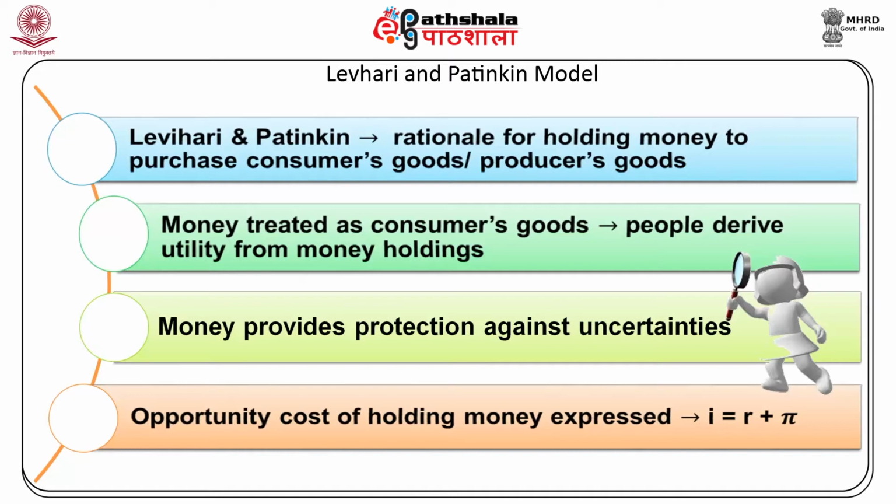If money is treated as consumer goods, then it means that people derive utility from money holdings, as money provides protection against uncertainties. However, there is some opportunity cost of holding money, which is expressed in terms of the nominal rate of interest I, which is equal to the real rate of return R plus the rate of inflation π.